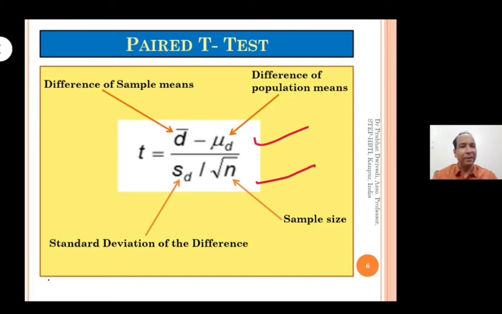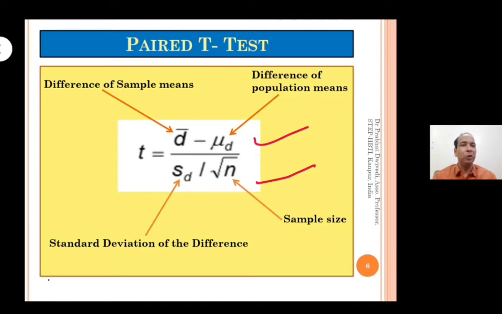The difference is d bar minus mu d. d bar here denotes the difference of sample means. mu d denotes the difference of population means, which we always assume to be 0 as a hypothesized value, which says there is no difference between the two means.